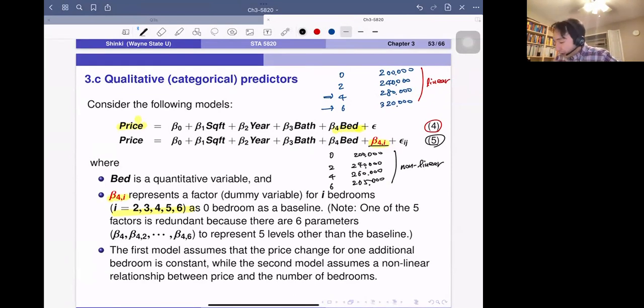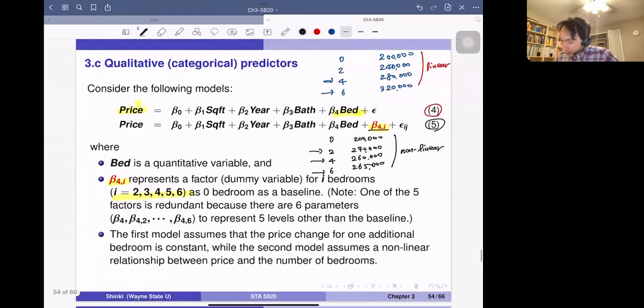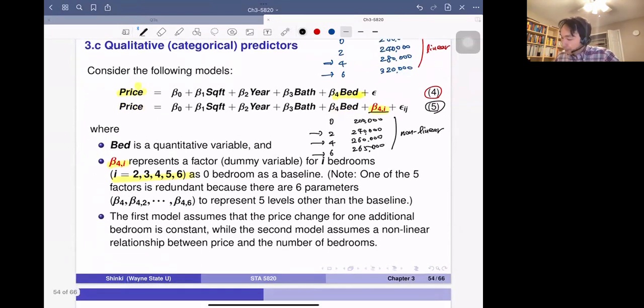So basically 2 bedrooms have a positive impact of $40,000, 4 bedrooms a positive impact of 60,000, and 6 bedrooms 65,000, and so on. Maybe model 5 is a little tricky because it also has this linear term.